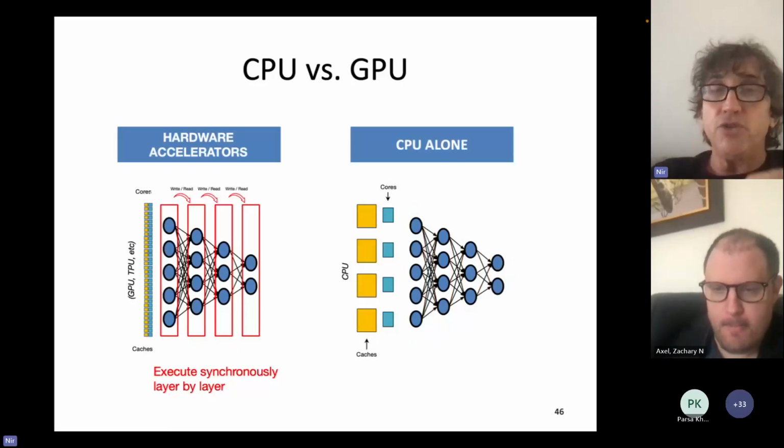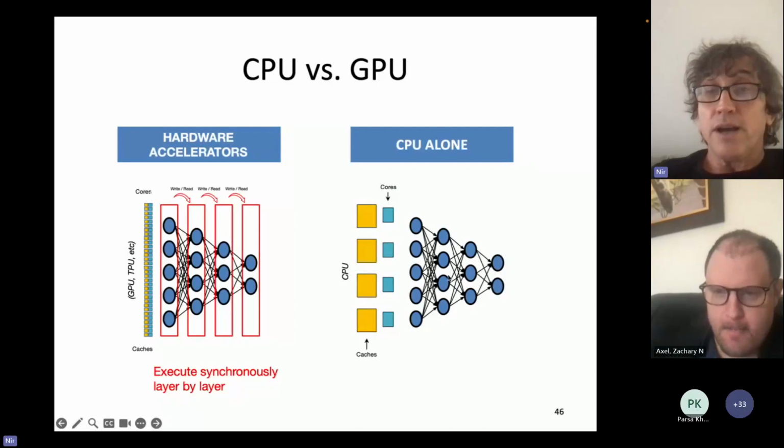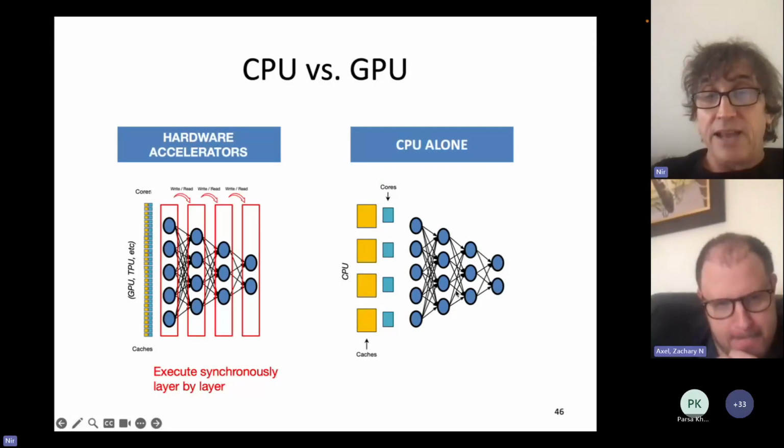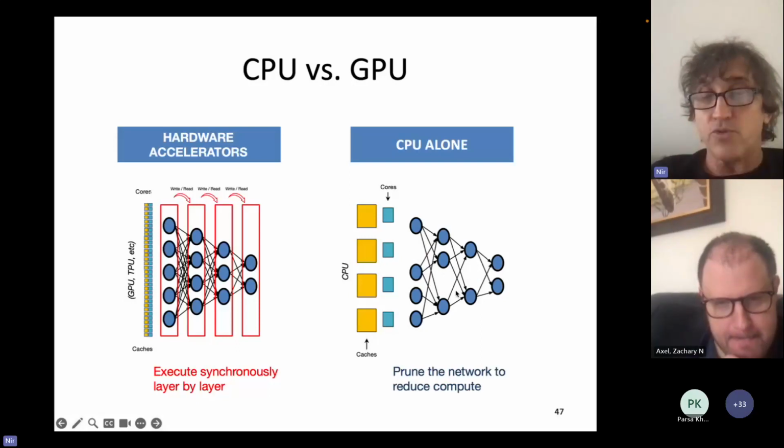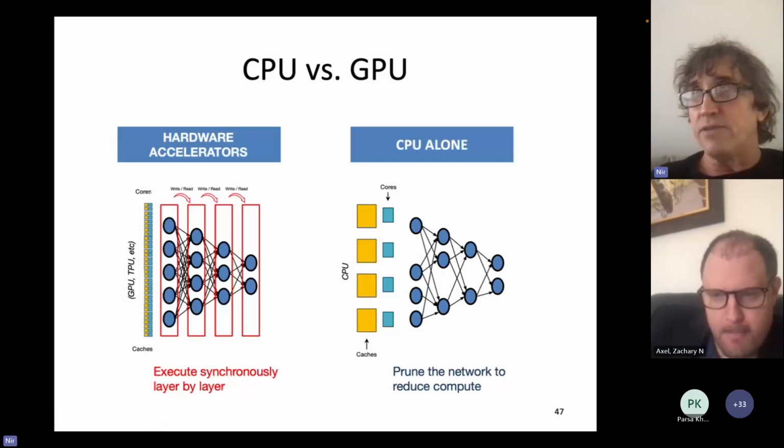So what we can do to run fast on CPUs is take a neural network and pass it through a process which we call pruning. This is just like what happens in brains also.